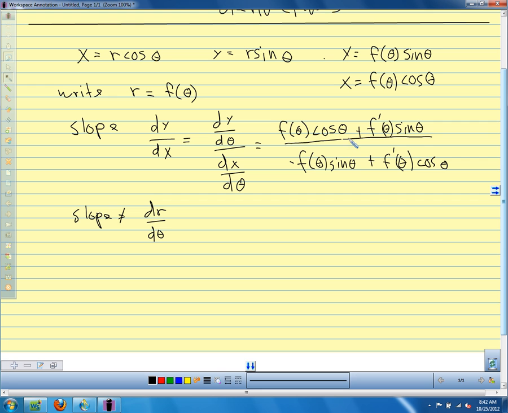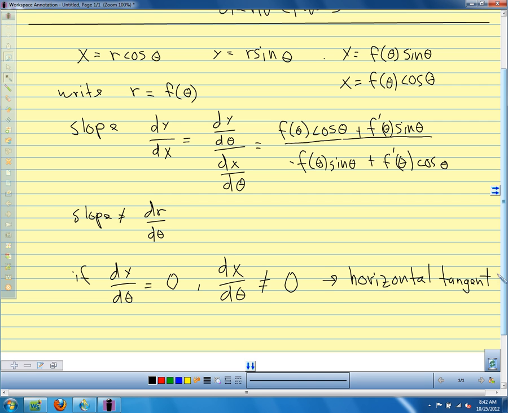And a couple of conditions: we don't want dx d theta to be 0, so that'll give us an indeterminate form. If dy d theta equals 0 and dx d theta is not equal to 0, we have a horizontal tangent, just like we talked about before.